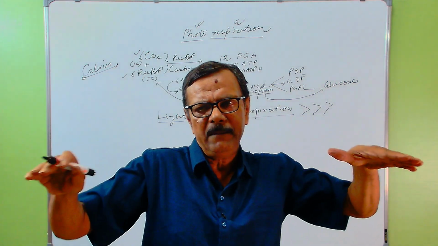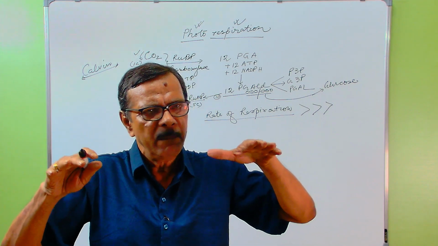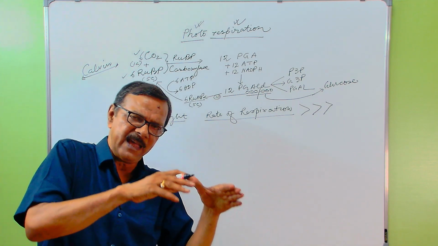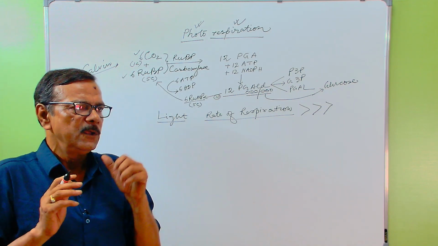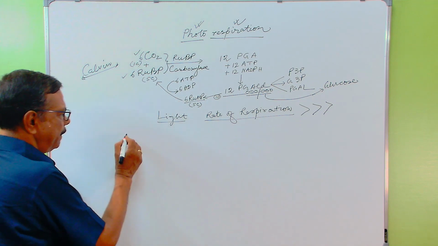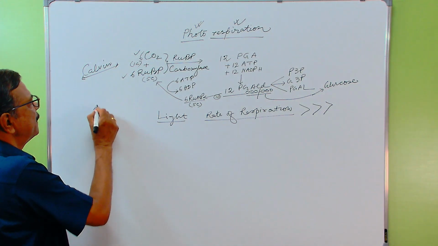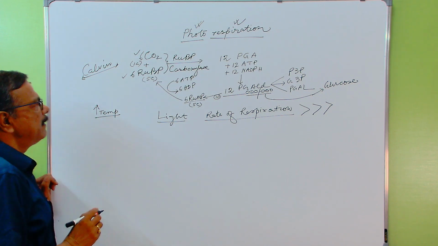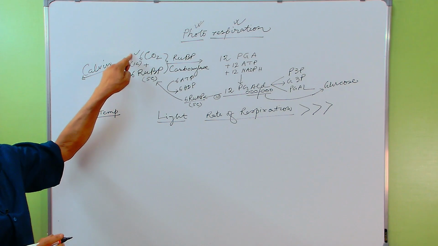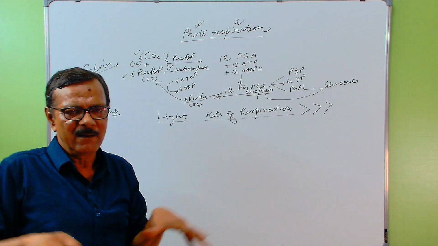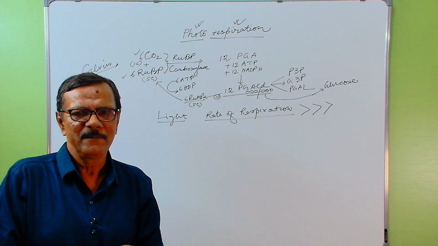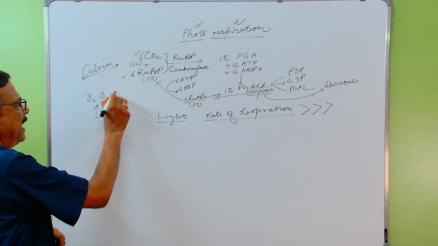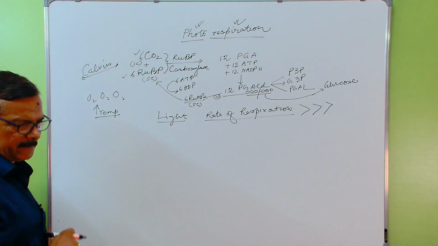So in tropical climate, all the plants used to photosynthesize as well as respire. With increasing temperature, the CO2 concentration in the atmosphere decreases, and instead the O2 concentration in the atmosphere increases.